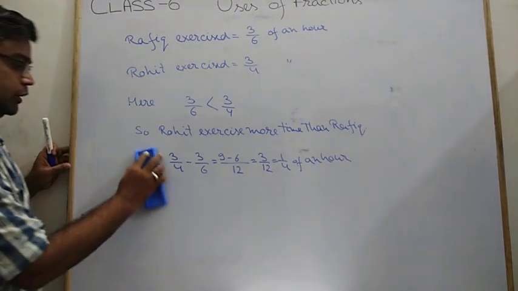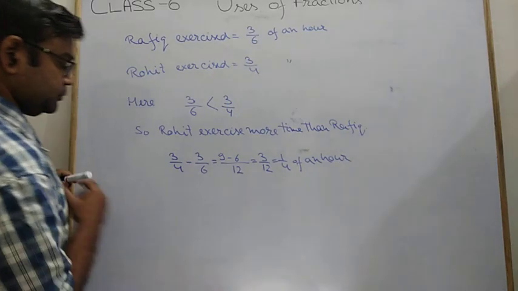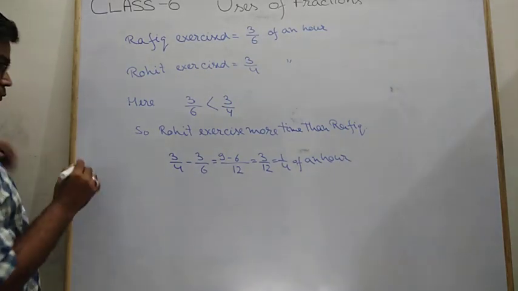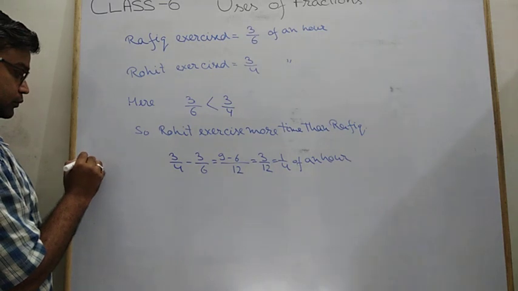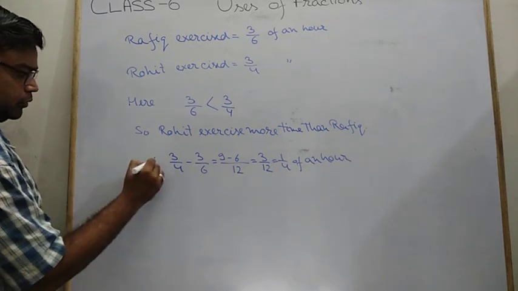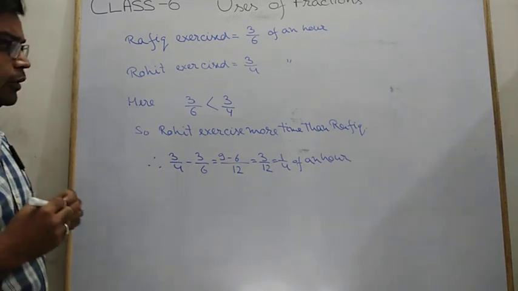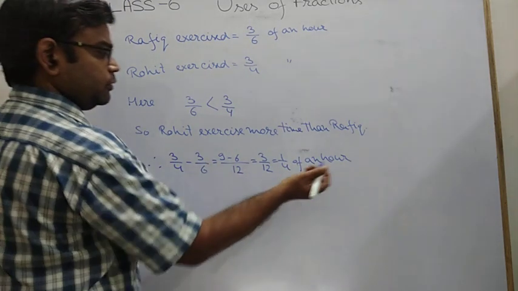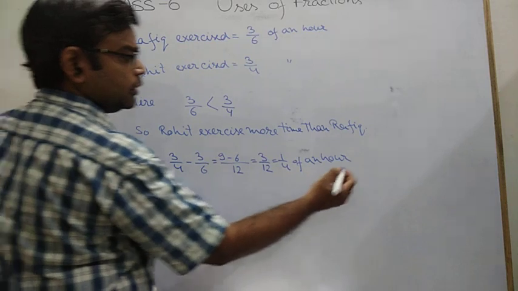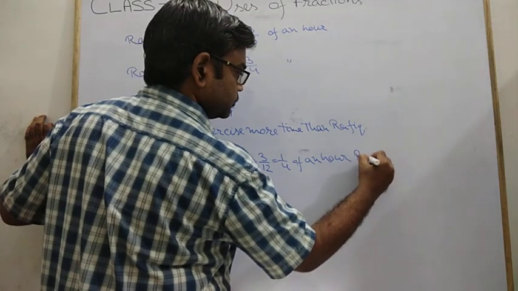Here we can write one little statement. Okay, you can write therefore also. Therefore, 1/4 of an hour, Rohit exercised more. You can complete this statement.